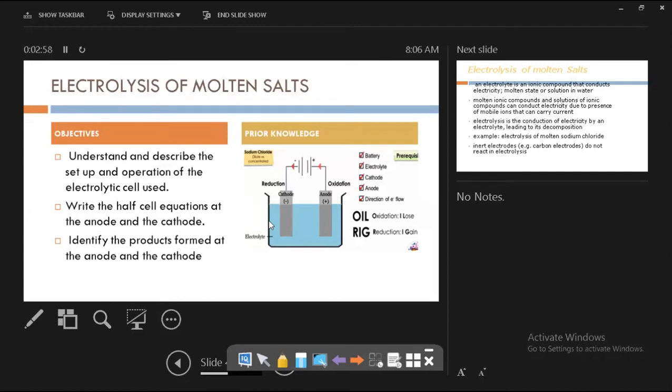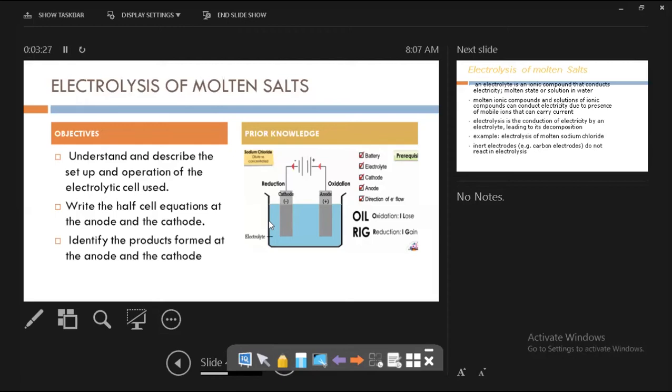Now, for the electrolysis of molten salts, as it shows in the name, salts are substances that are formed from metals and non-metals, all right? So salts are ionic compounds, and ionic compounds cannot conduct electricity in the solid state. They can only conduct electricity in aqueous or molten state.